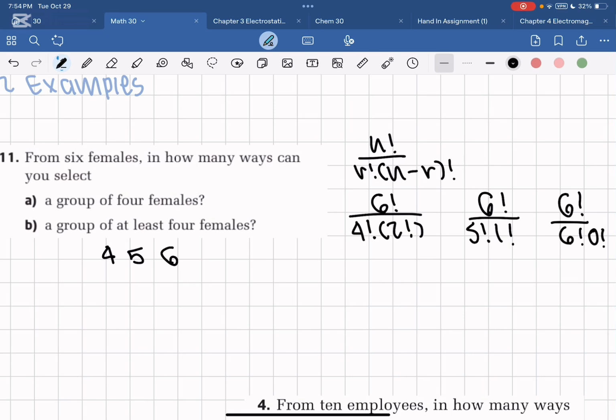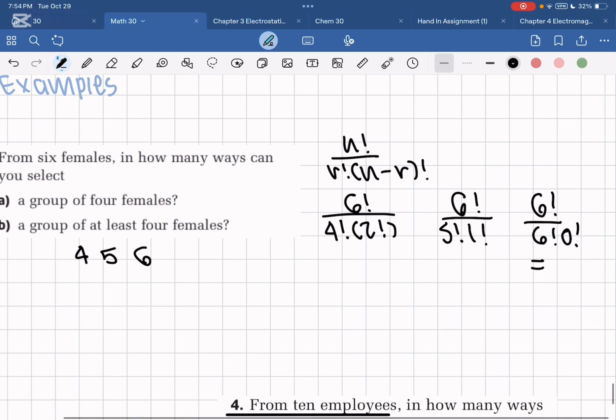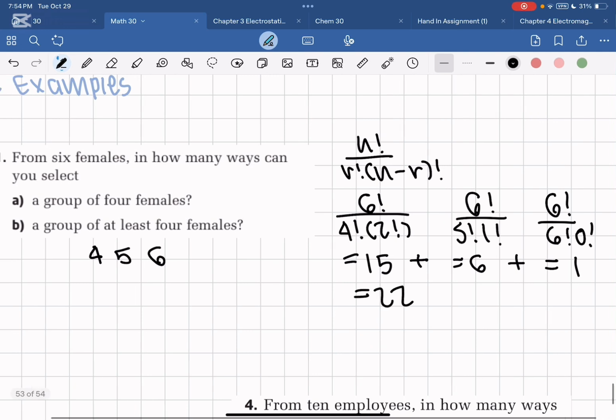Well, we know 0 factorial is equal to 1, so we don't have to worry about it. This will equal 1. 6 factorial divided by 5 factorial will equal 6. And the first one, we know that this is already 15. And as we saw previously, when you have different cases, all you do is add it up. 15 plus 6 plus 1 is equal to 22. That's how you do this first example.